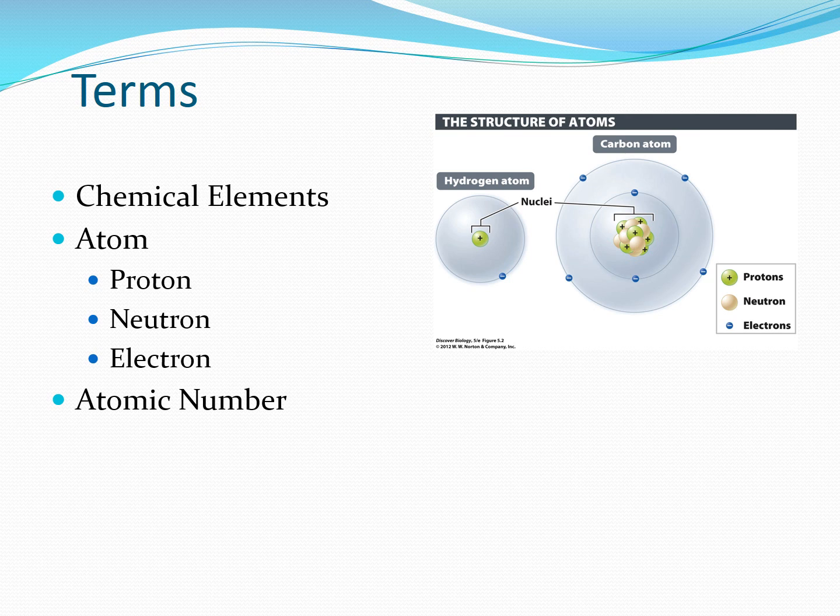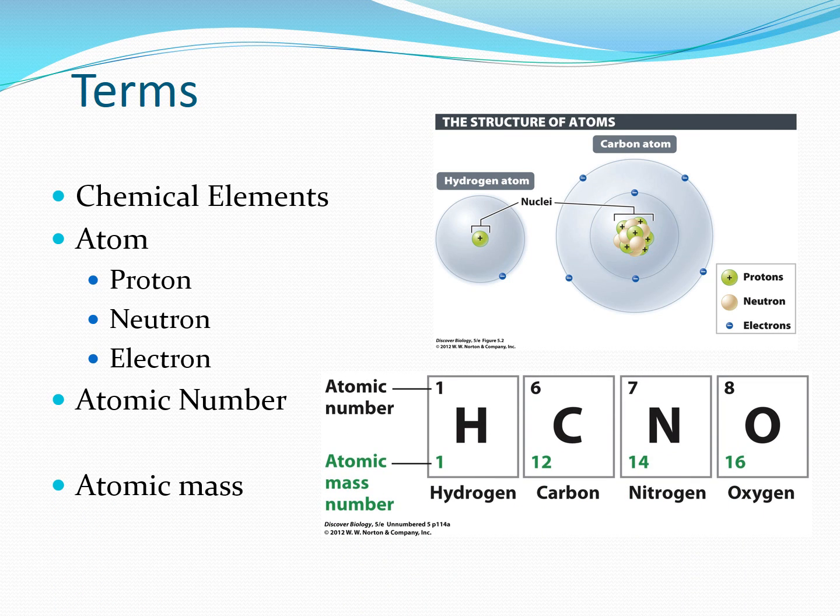If you look further down, you can see that the atomic number and atomic mass tell us something about each of these elements. We're going to go to the periodic table of elements in a moment, but you can see that the atomic number tells us the number of protons. Hydrogen has 1 proton, carbon has 6, nitrogen has 7. In fact, on the periodic table of elements, every single element has a different atomic number, because they have different numbers of protons.